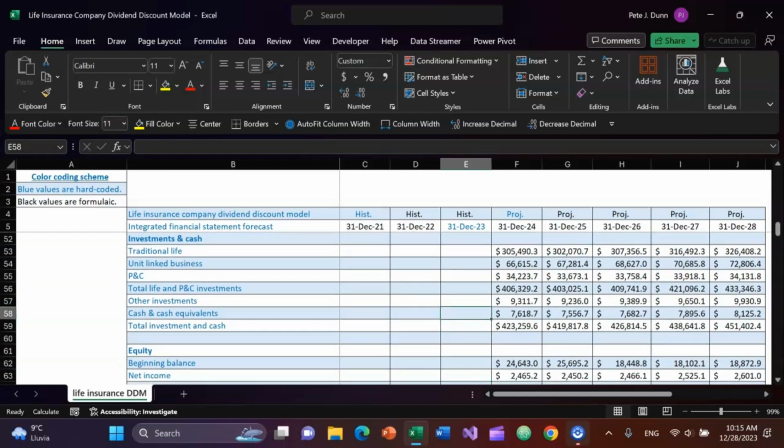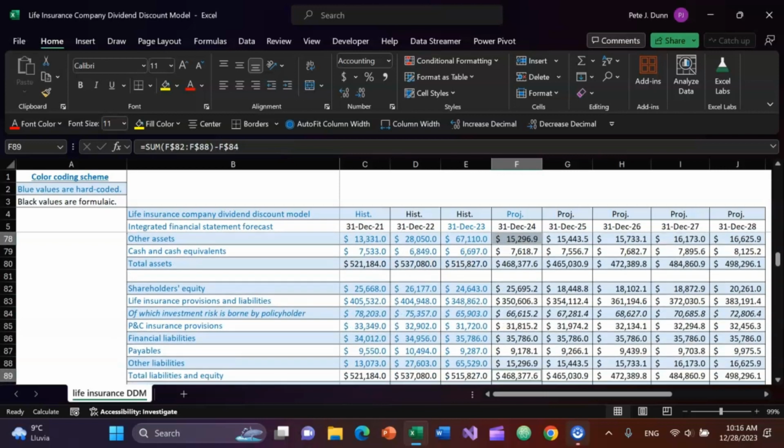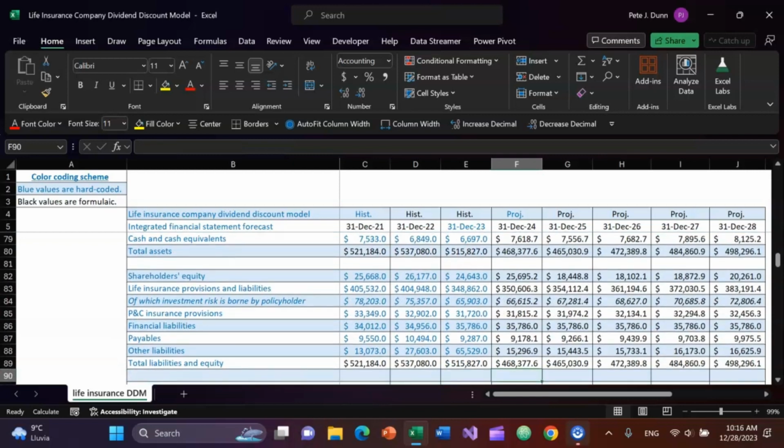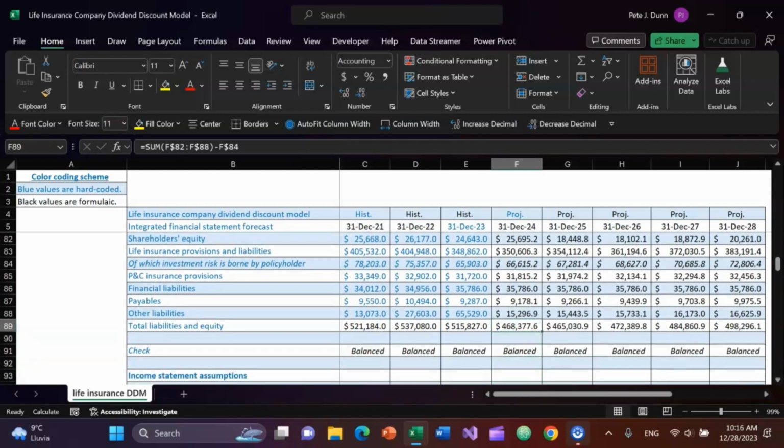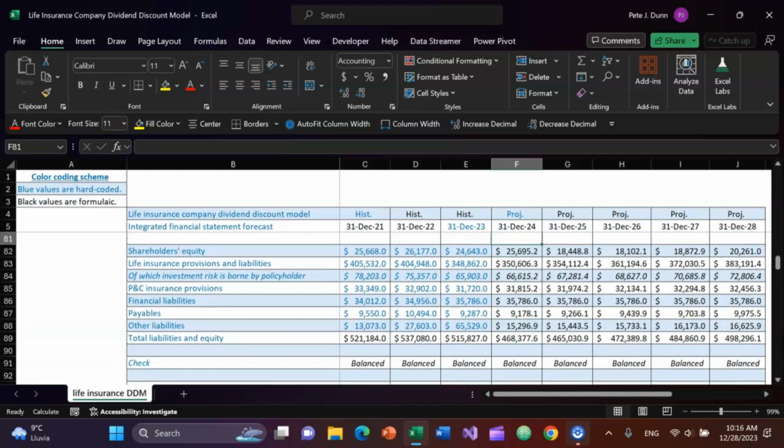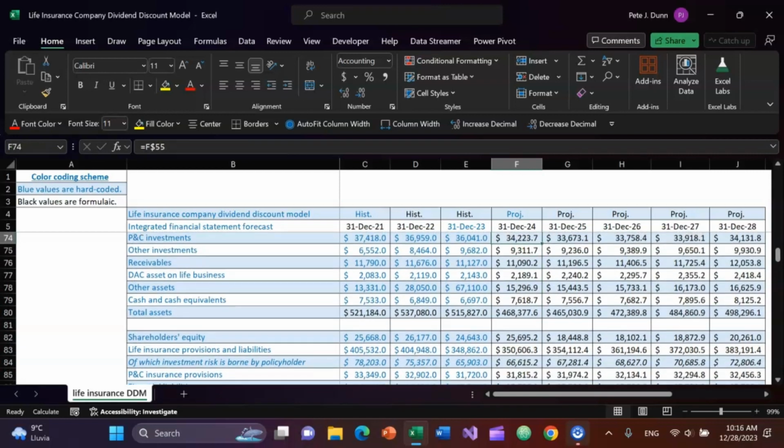Now we'll move on to investments in cash. Total investments in cash is row 89 from the balance sheet minus 68 through 71 and 76 through 78. So you can see here row 89 is the total liabilities in equity. And then you're going to subtract key items.